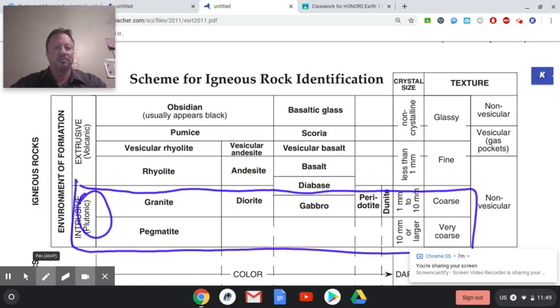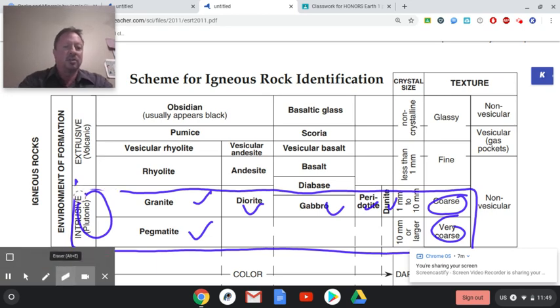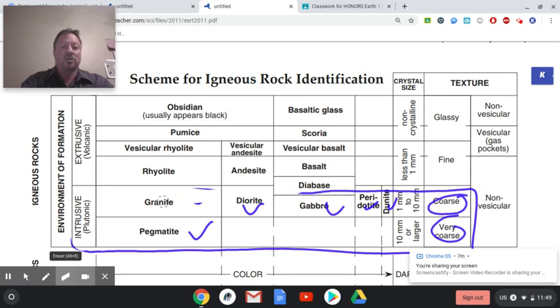If you ever see plutonic or volcanic, please know that is written here on the reference table, and you don't have to memorize that. All these rocks, granite, pegmatite, diorite, gabbro, peridotite, dunite, are intrusive. Notice their textures, coarse and very coarse, meaning their crystals are very large, because they cooled in the ground, so they cooled very, very slowly.